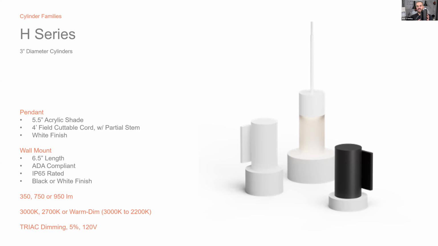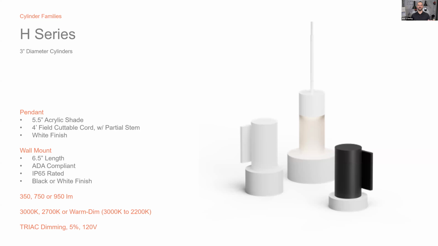The configuration here is an IP65 rated wall mount with a downlight option, and that is also under the 4-inch ADA requirement. So these are ADA compliant along with that IP65 rating, great for outdoor exterior applications, places where you need a lot of protection and a more affordable wall-mounted cylinder. These are available in a black and white finish, and that pendant is available in a standard white finish.